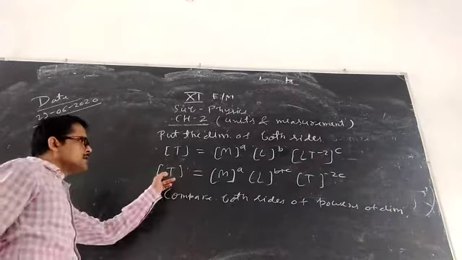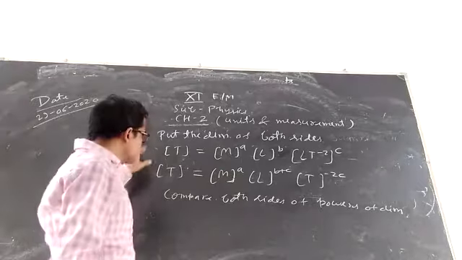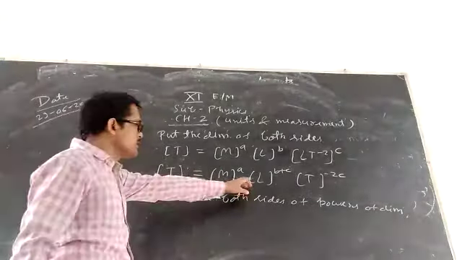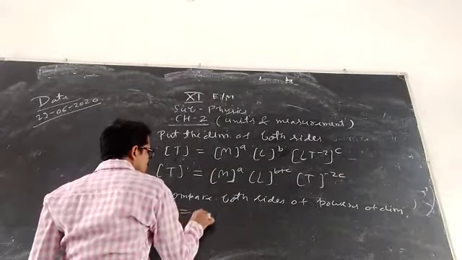Here is T to power 1, but on the left side M to power 0. Here there is no M and no L, so M to power 0, L to power 0. On the right side, there is no value for M either. That's why a is equal to 0.